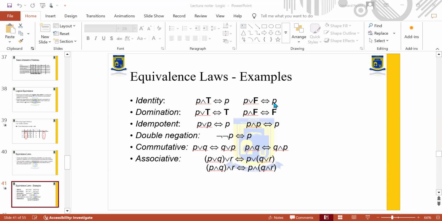In a sense that when you have your first statement and the second statement is true, it does not affect your statement. So what am I trying to say? I'll take them one by one so that we'll appreciate it well, okay? Identity, the first one is telling us that truth does not affect conjunction.